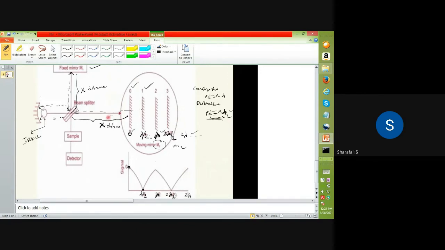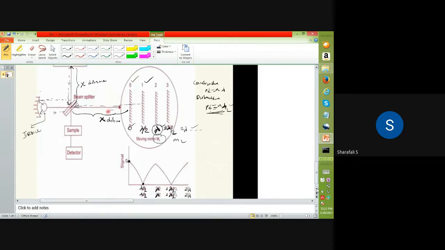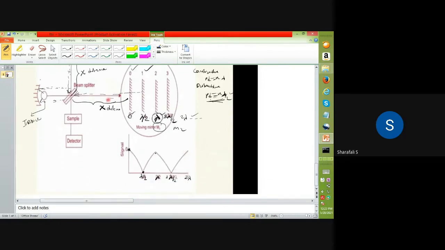And then again, if you move this particular mirror to the lambda position, we will get a maximum intensity at lambda.